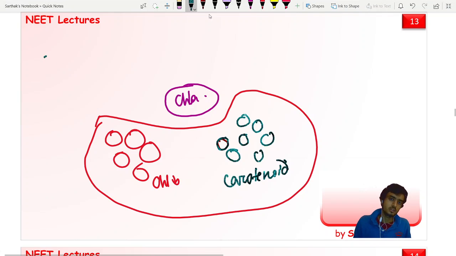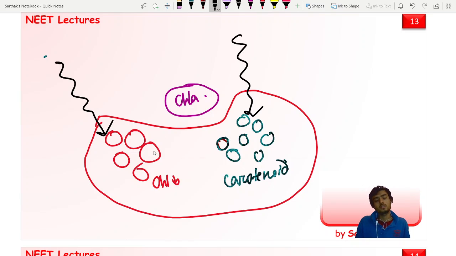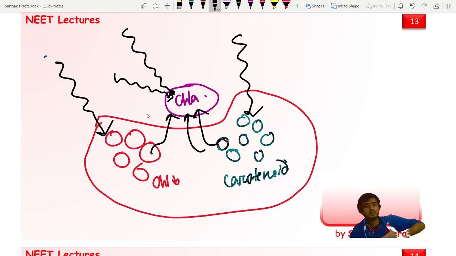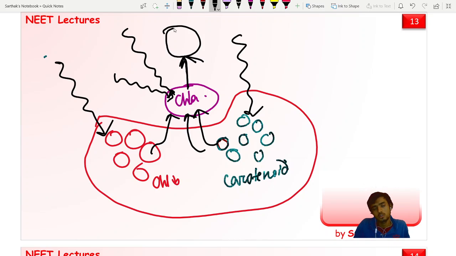When sunlight falls on this, they will transfer energy to chlorophyll A. Chlorophyll A will also absorb energy, and the energy absorbed by chlorophyll B and carotenoid will be passed to chlorophyll A, and then the energy will flow in a different direction. We'll talk about it shortly when the process of photosynthesis is discussed.